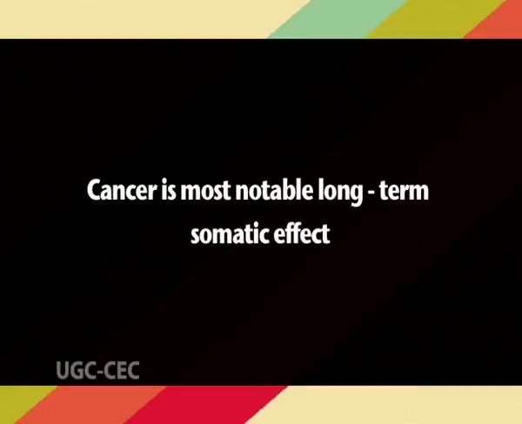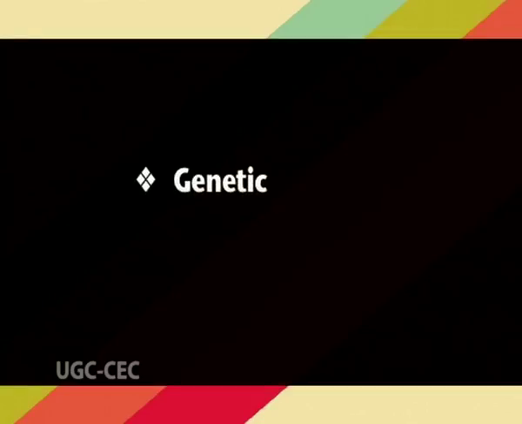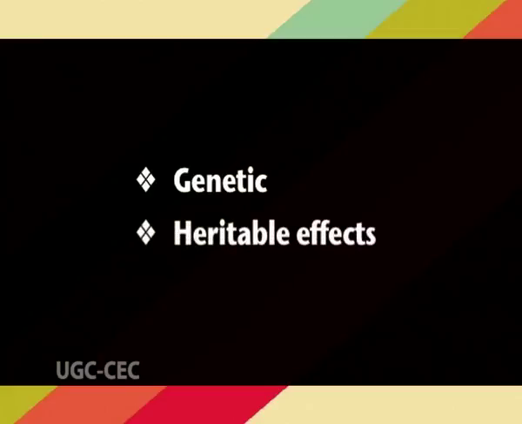Cancer is the most notable long-term somatic effect. In contrast, mutations that occur in germ cells, that is sperm and ova, can be transmitted to future generations and are therefore called genetic or heritable effects. Genetic effects may not appear until many generations later.